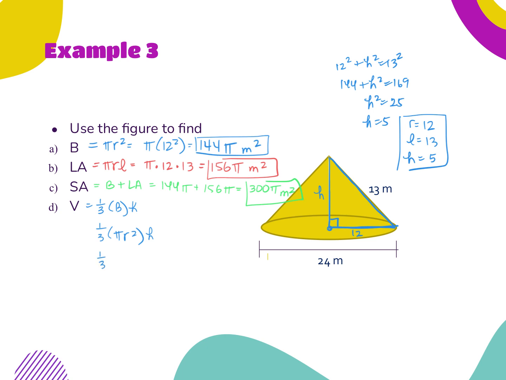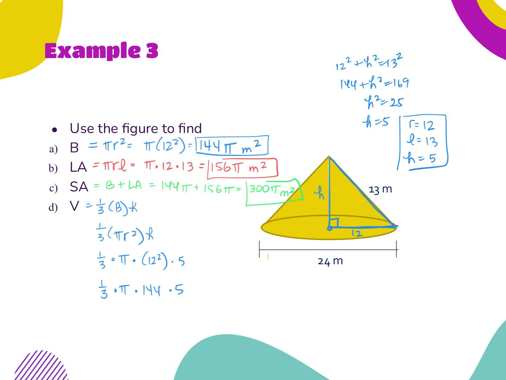And so again, I'm just plugging in. So 1/3 times pi times r squared, which is 12 squared, times the height, which we concluded was 5. So I've got 1/3 times pi times 144 times 5. Now for me, how I do it in the calculator is I do 144 times 5 times pi.